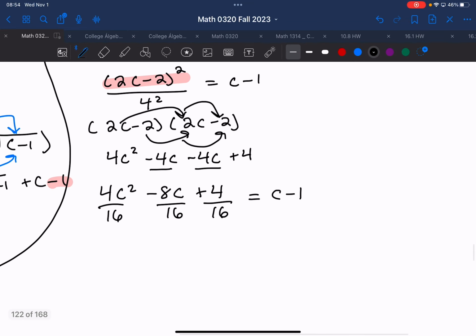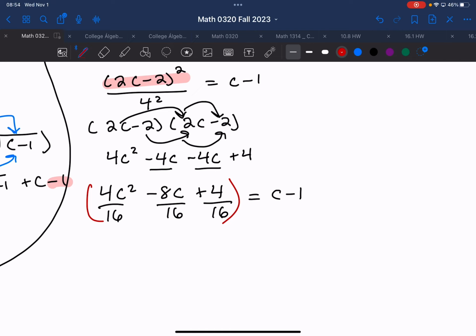Okay. We have a c squared in our problem, so that tells us what? That we're going to have to put it in standard form eventually. Good, that we need to have this problem equal to 0. Before we do that, we want to get rid of our fraction that has the 16 on the bottom. So what am I going to do to both sides?